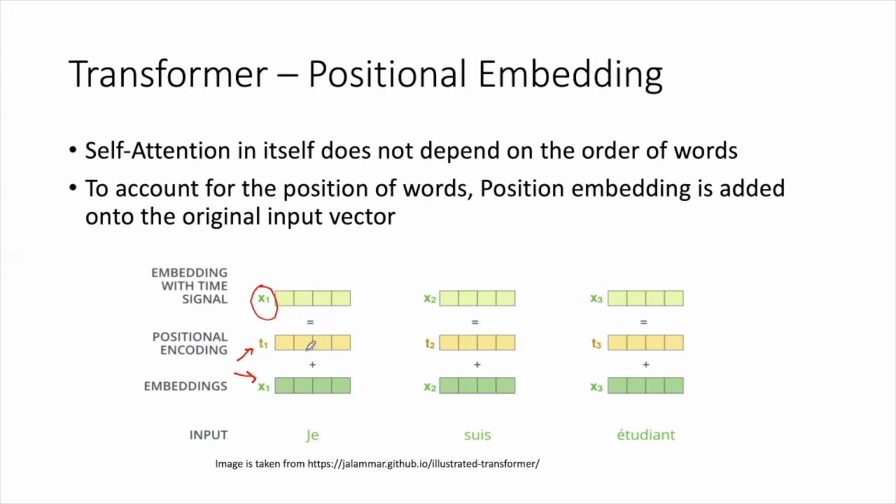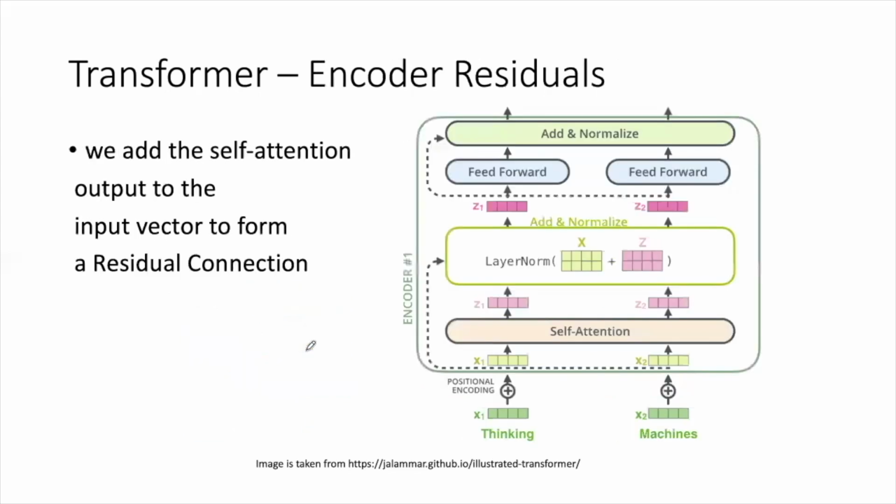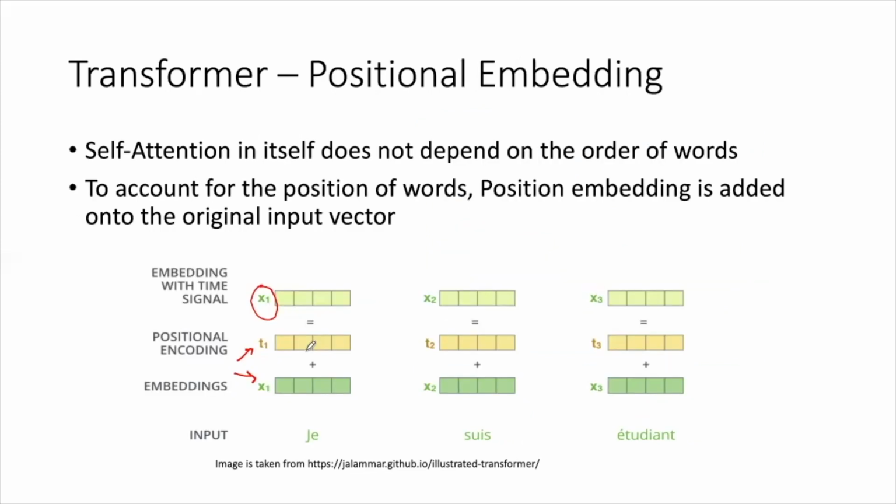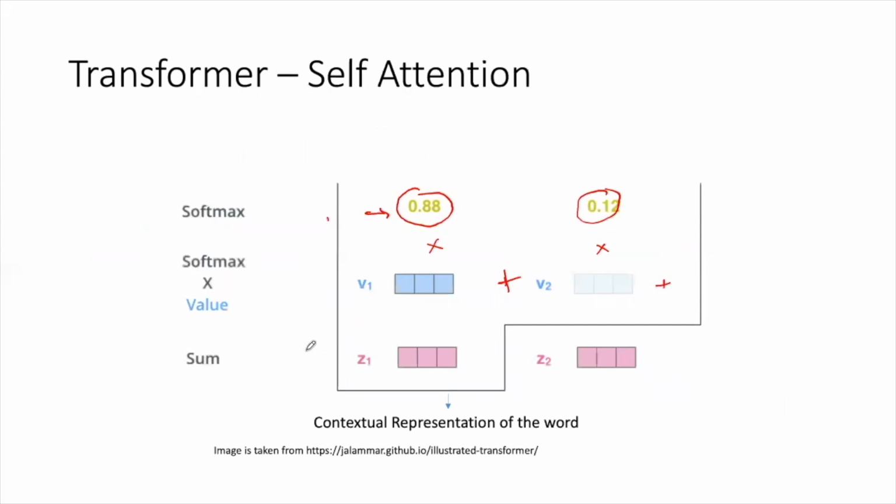We also have learnable position representations, which are also used. They have their own advantages and disadvantages. So this covers the encoder portion. We saw how exactly self-attention is calculated and how the contextual representation is generated.